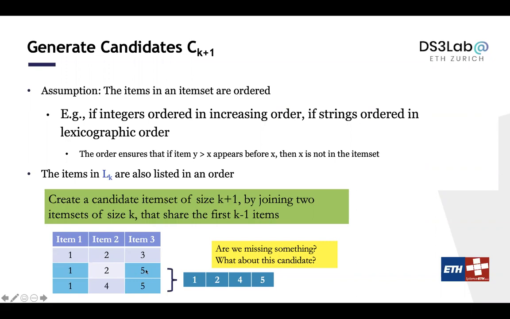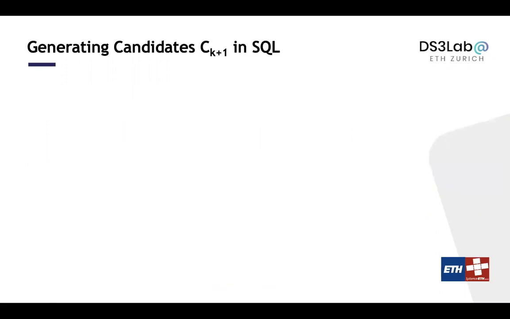Because 1, 2, 4 is a subset of this larger item set and it is not frequent, this one will not be frequent for sure, because you constructively find one subset that is not frequent at all. So that is why this is correct.